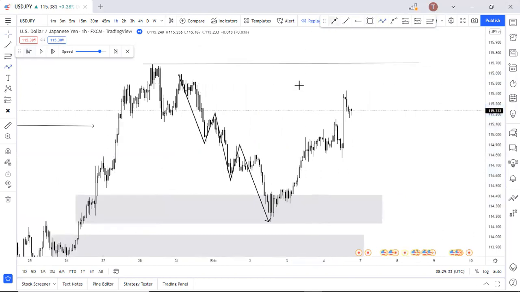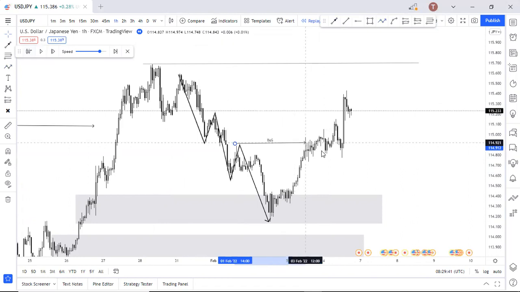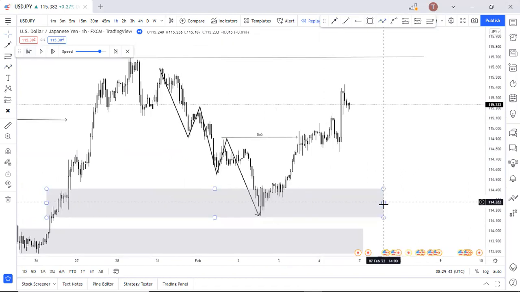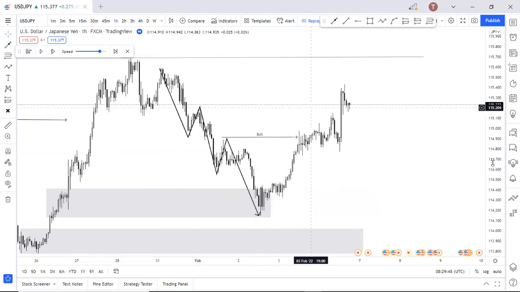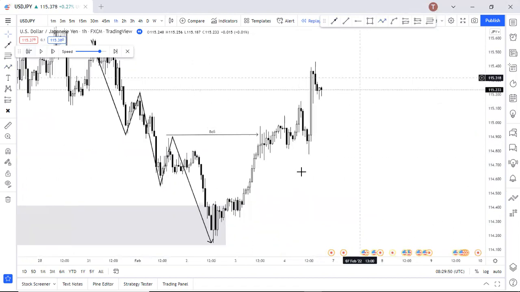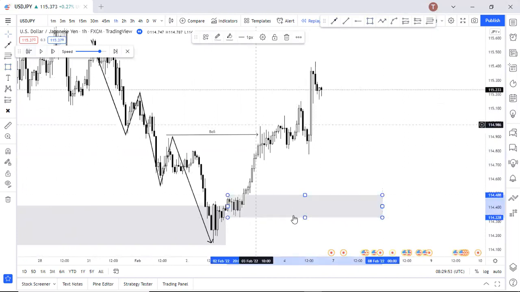Then once we had a break above this lower high, I was looking for opportunities to get into the market. So the zones I was targeting were around this demand zone right here. I was expecting price to come back into this zone, but price never did.